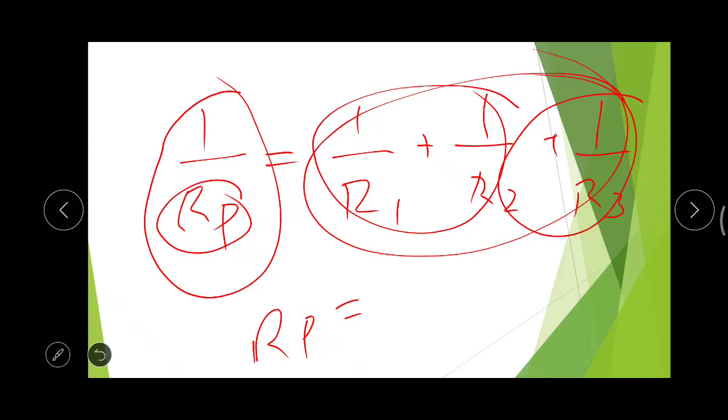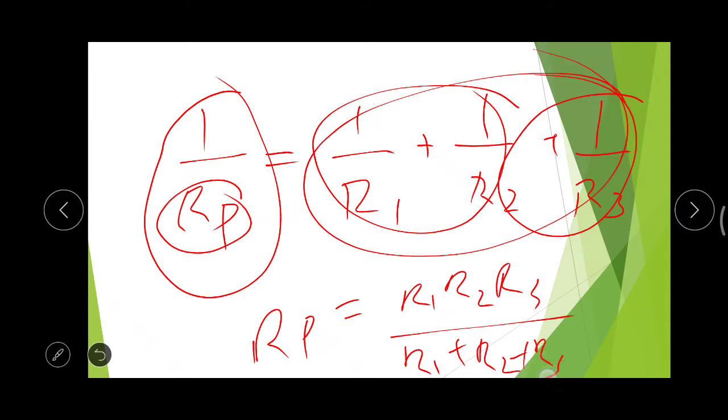The inverse will be R1 R2 R3 divided by R1 plus R2 plus R3. Just check adding these fractional numbers and check whether it is right or not.